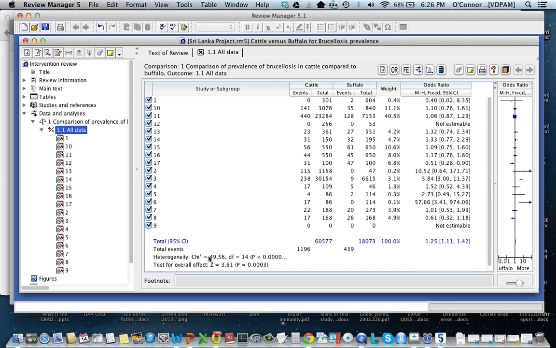The next step then is to explore what is the source of heterogeneity. And we can do that in this software, and that's called Exploring Heterogeneity. We've already discussed that there are two sources of heterogeneity. There might be clinical or contextual heterogeneity.